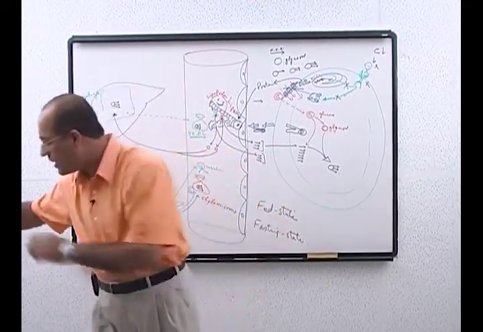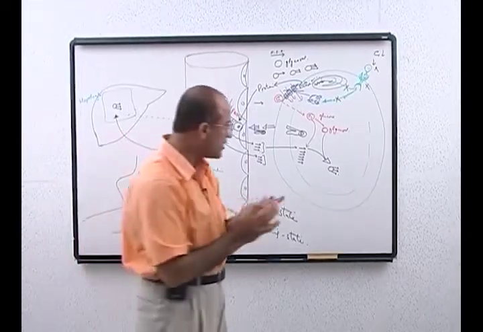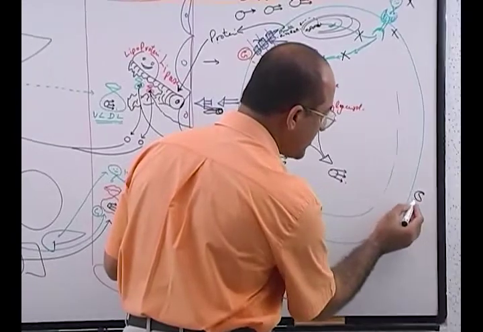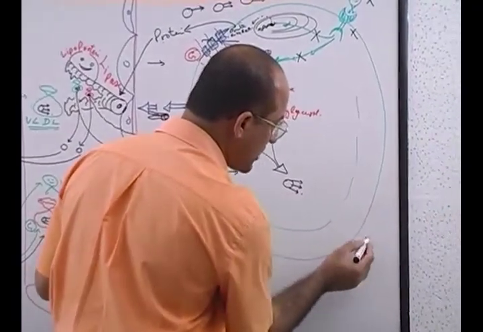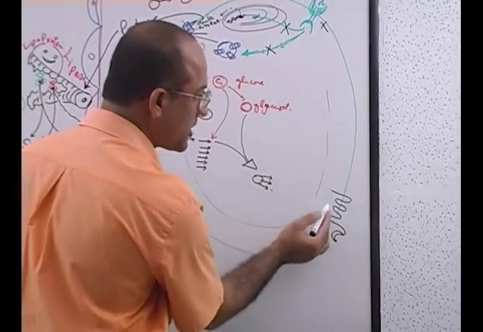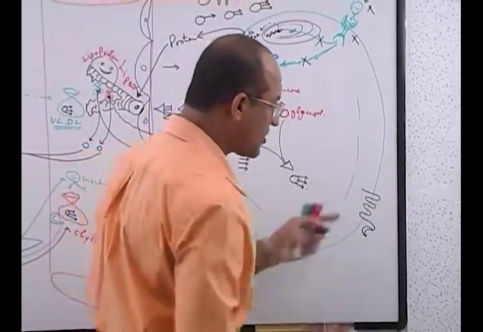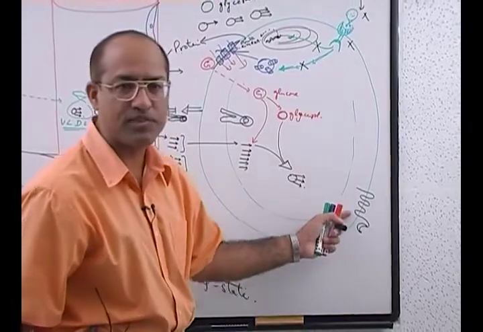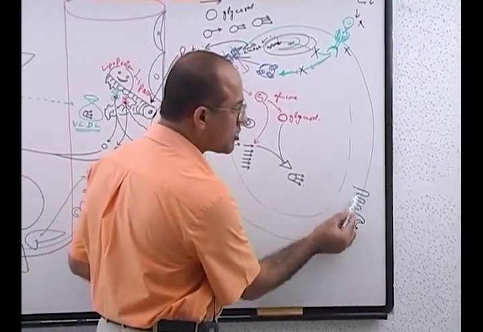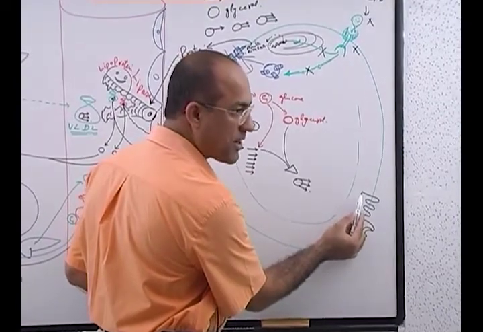So what really happens is that in these cells there is a special type of receptor. This is a receptor for epinephrine and norepinephrine, which has a peptide chain that passes 7 times through the membrane.